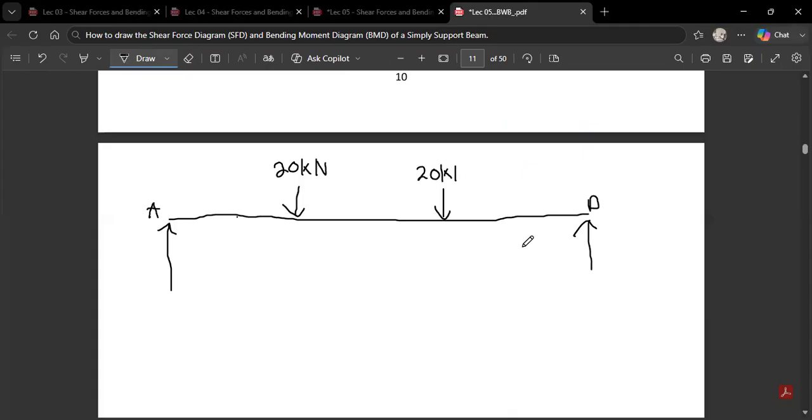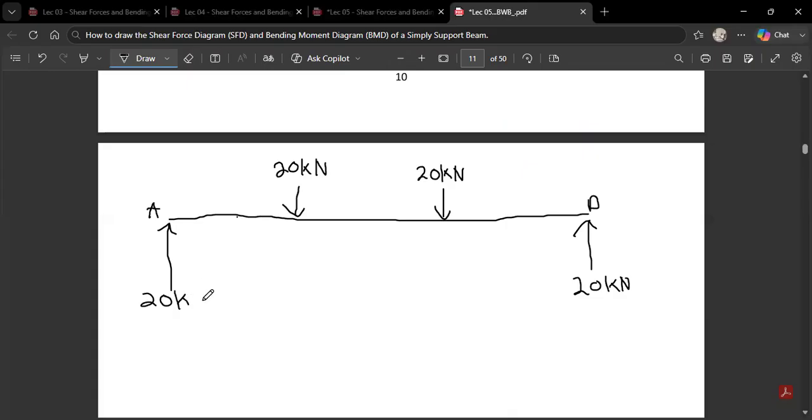Here became also 20 kilonewton, and this is also our 20 kilonewton.